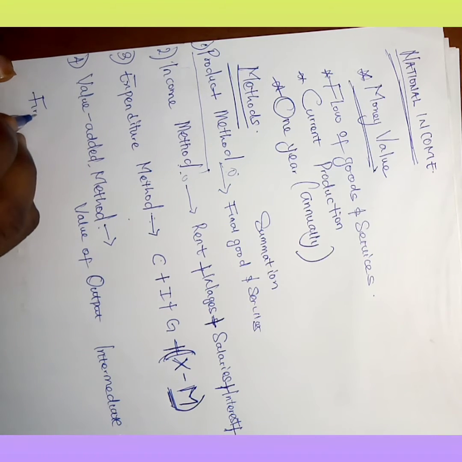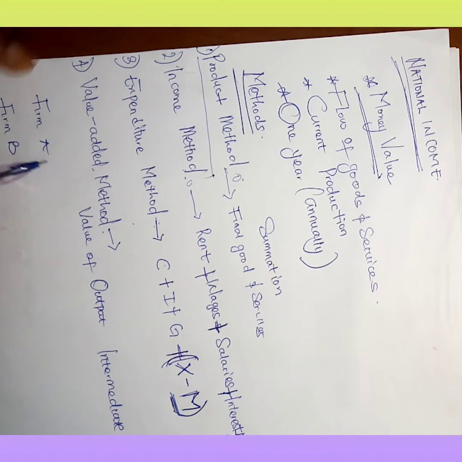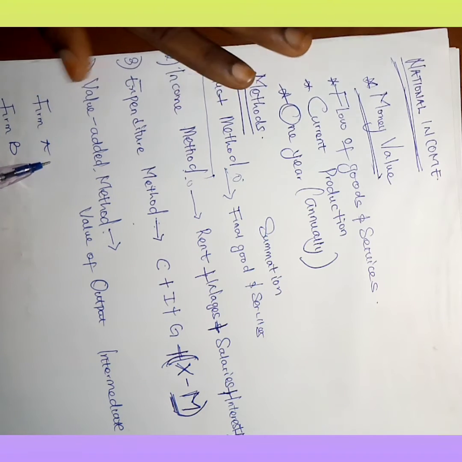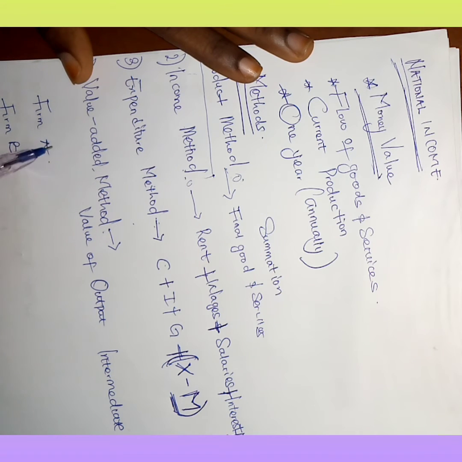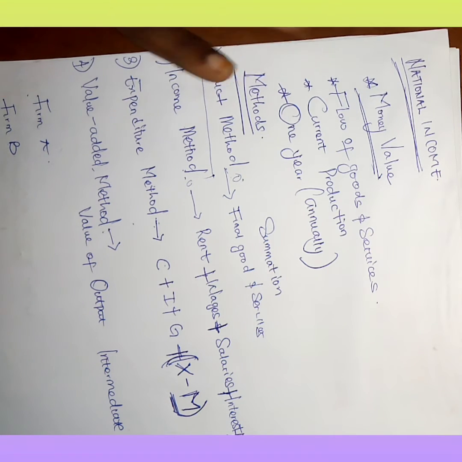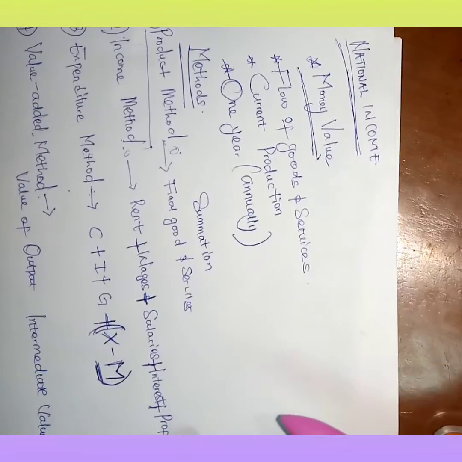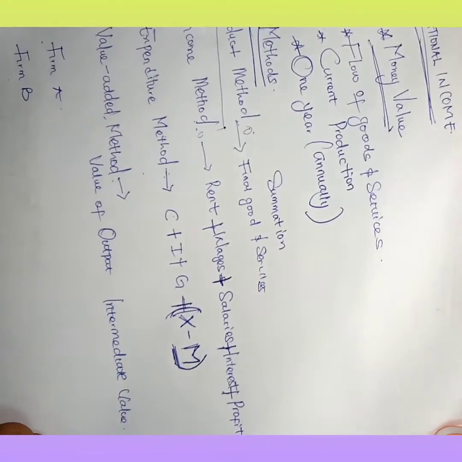Now let's say we have firm A, firm B, and firm C. Firm A is a farmer, and what it does is to extract cotton from a tree and sell it to B. B converts the cotton to clothes, and firm B now sells that same clothes to firm C. Probably what firm C does is just to design the clothes. So firm C designs the clothes.